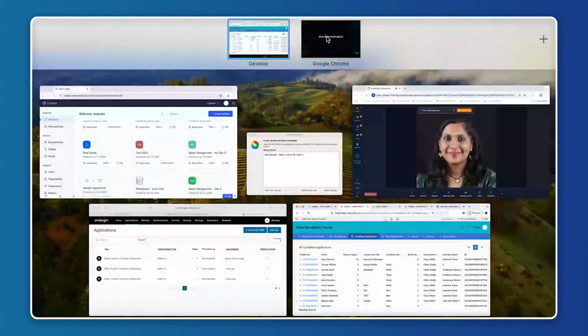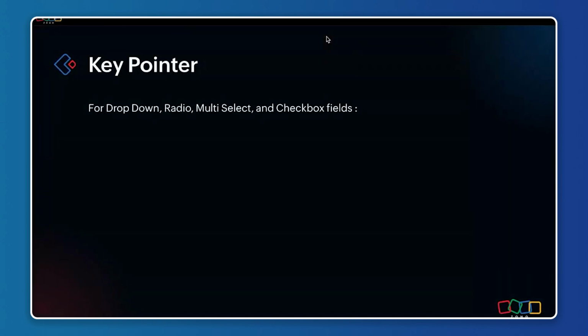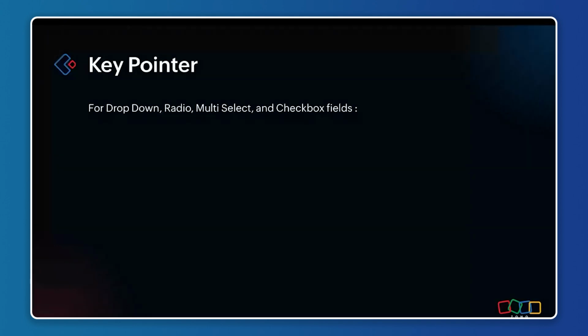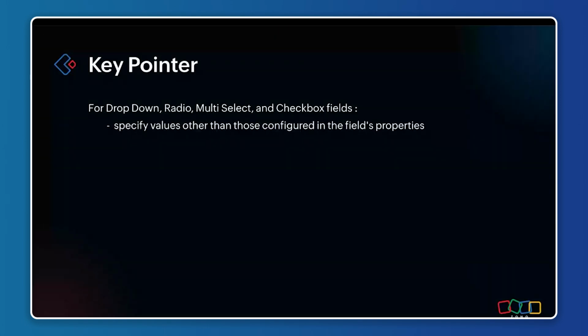Now I'll get back to the presentation and I'll take you through the key pointers. So what are the points to be noted? In case you wanted to update the fields for drop-down, radio button, multi-select and checkbox fields, then you can specify the values other than those configured in the field properties.